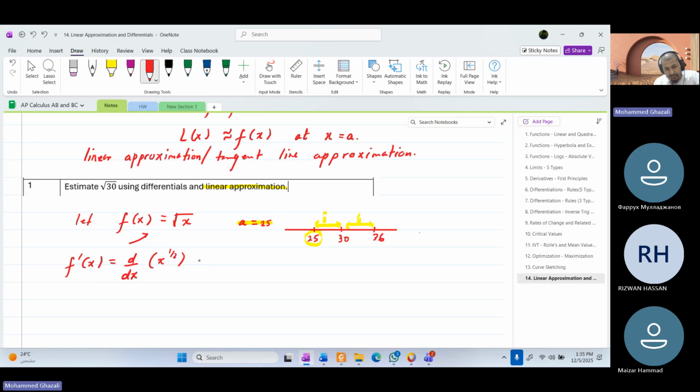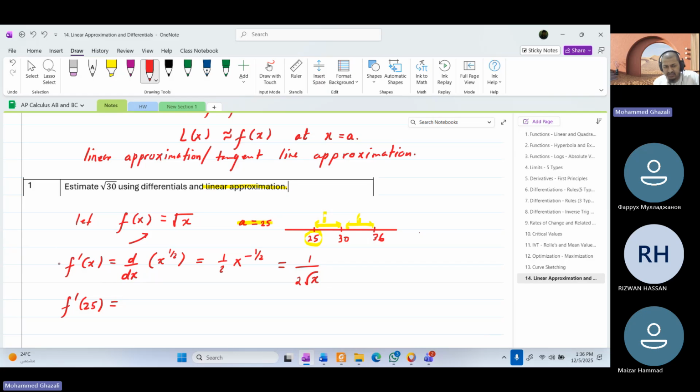To differentiate x to the power half is half x to the power negative half. X to the power negative half becomes 1 over square root of x. So 1 over 2 root x. Now, what do we do? We substitute the value of 25 inside here. So you say f prime 25 because we're finding the slope.